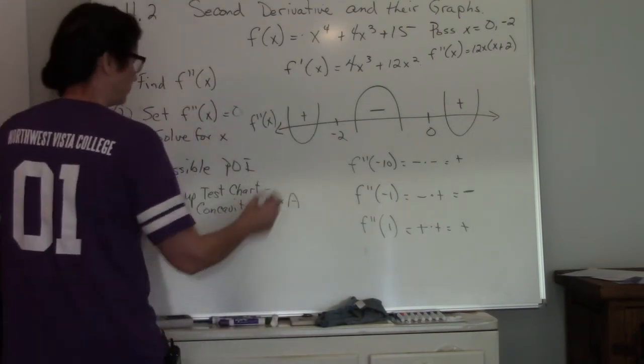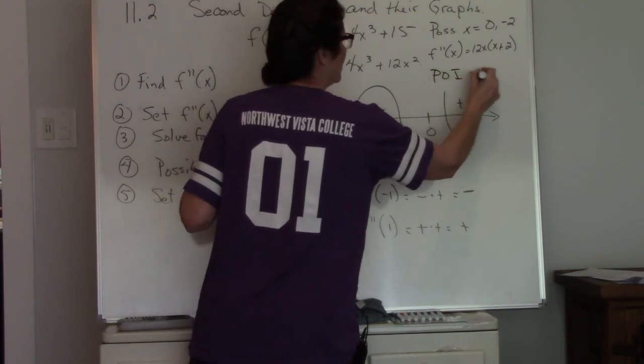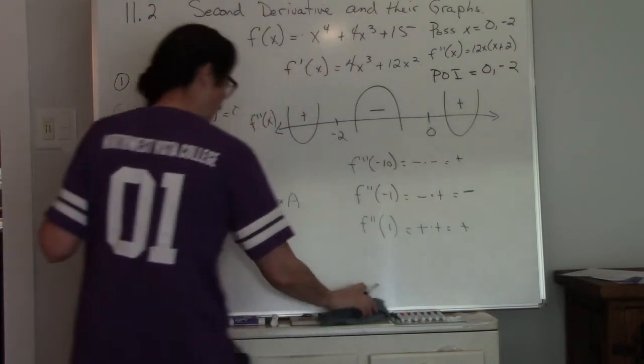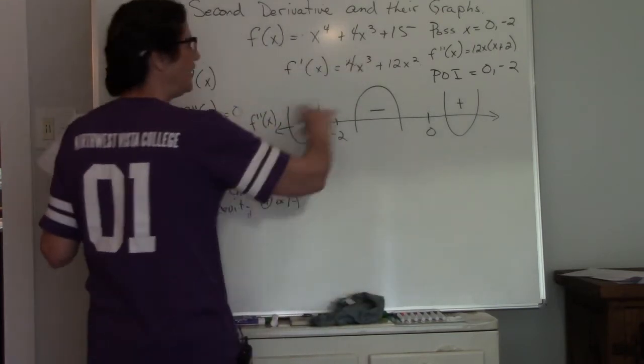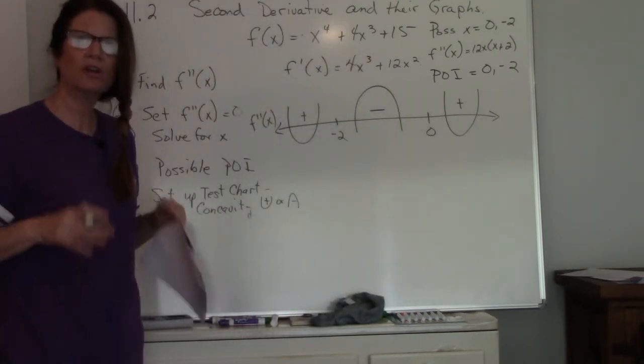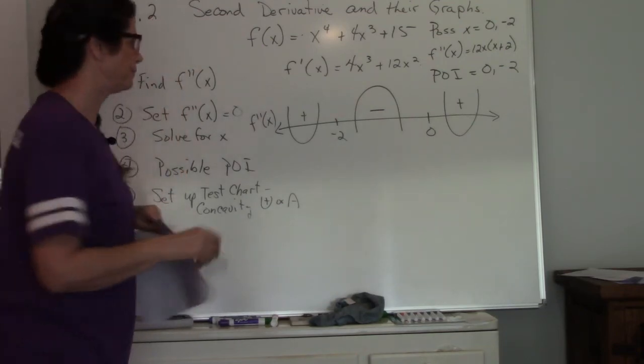So where am I going to write this? POIs are 0 and negative 2. Notice I like my chart because my chart is going to help me graph. It shows me where it's going up and down.